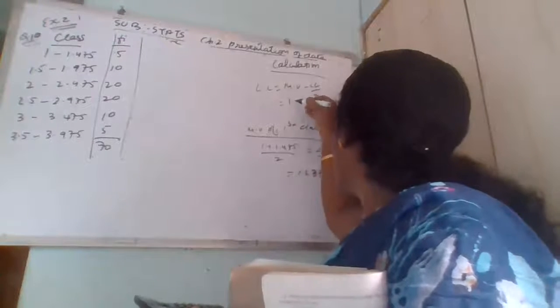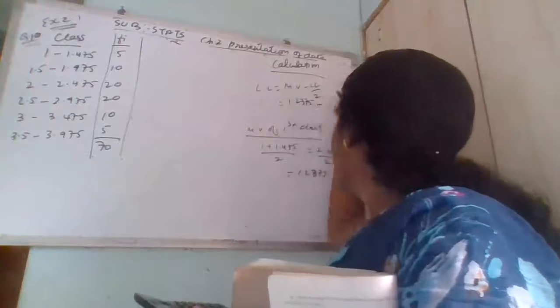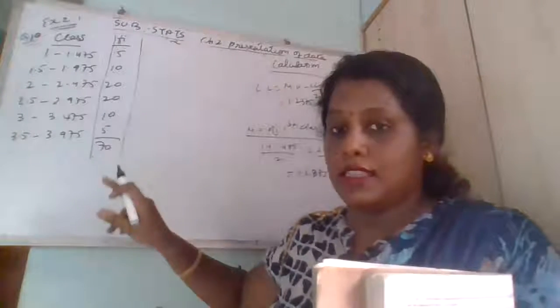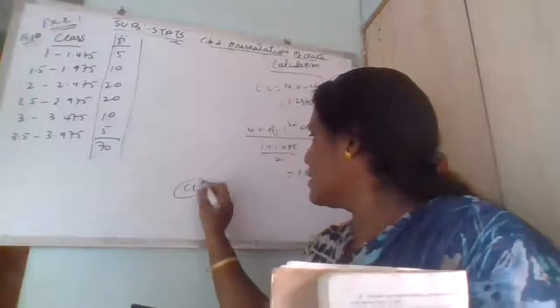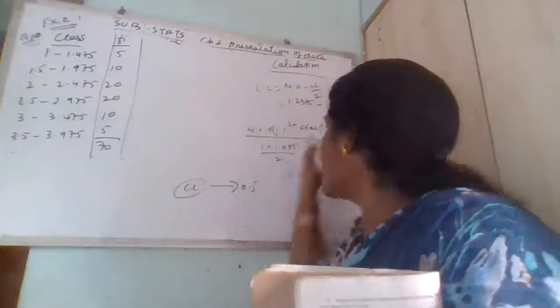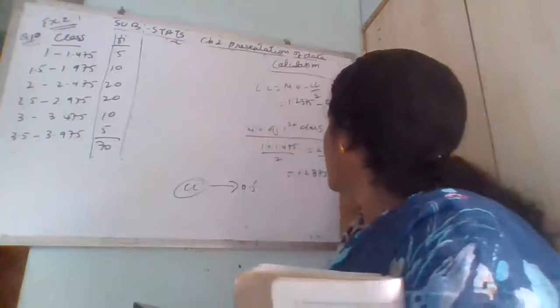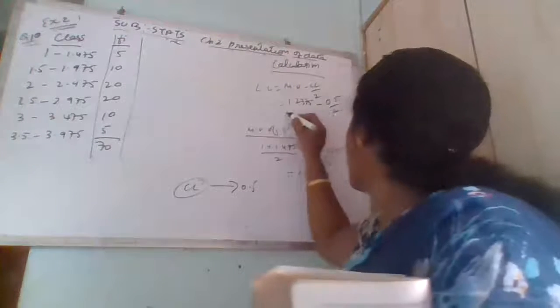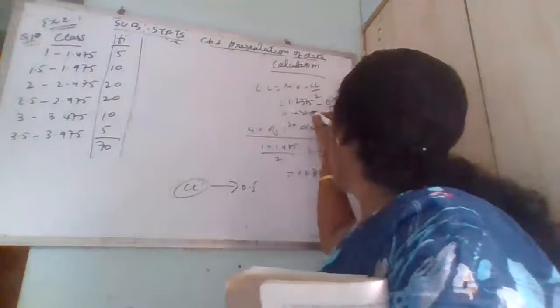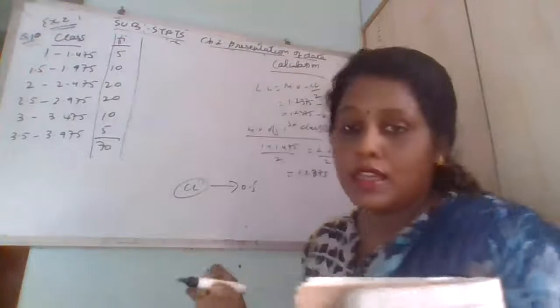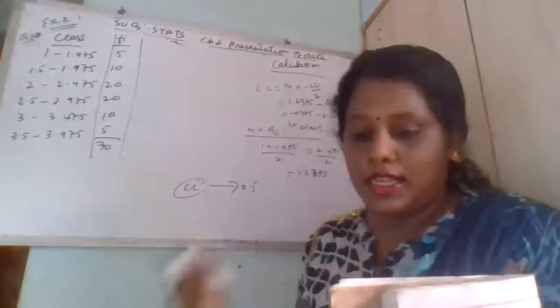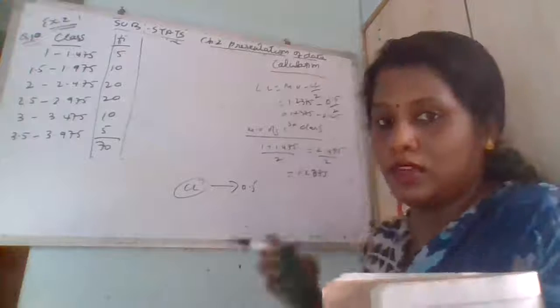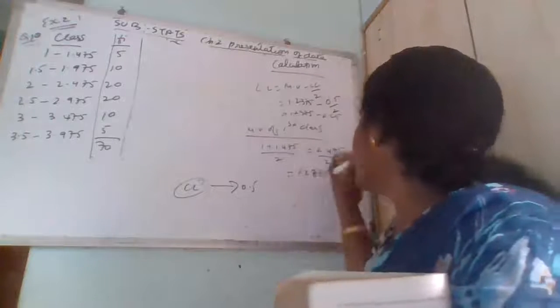So 1.2375 minus, what is the class length? Class length is 0.5. 0.5 divided by 2, that comes to 1.2375 minus 0.25. तो ये हुआ तुम्हारा क्लास लेंथ, लोअर लिमिट, right?